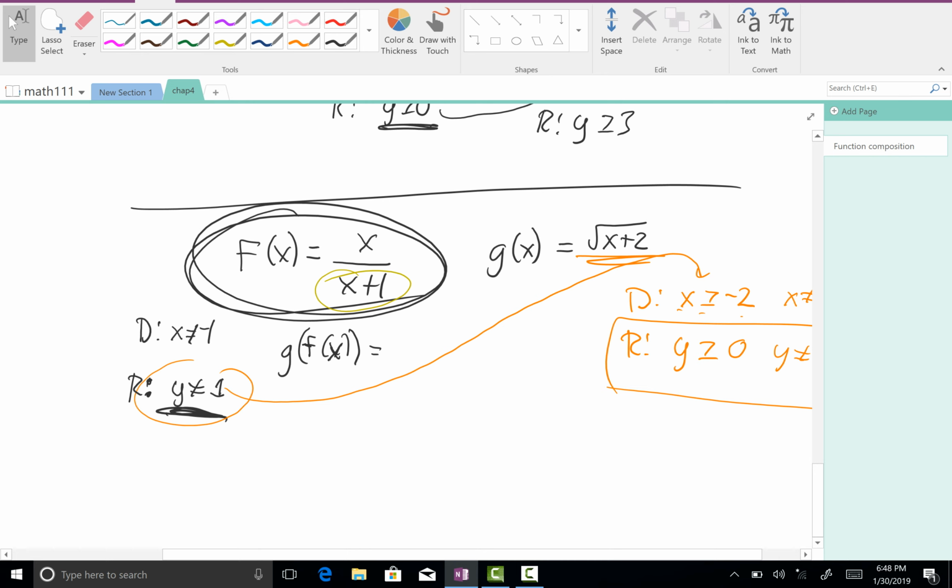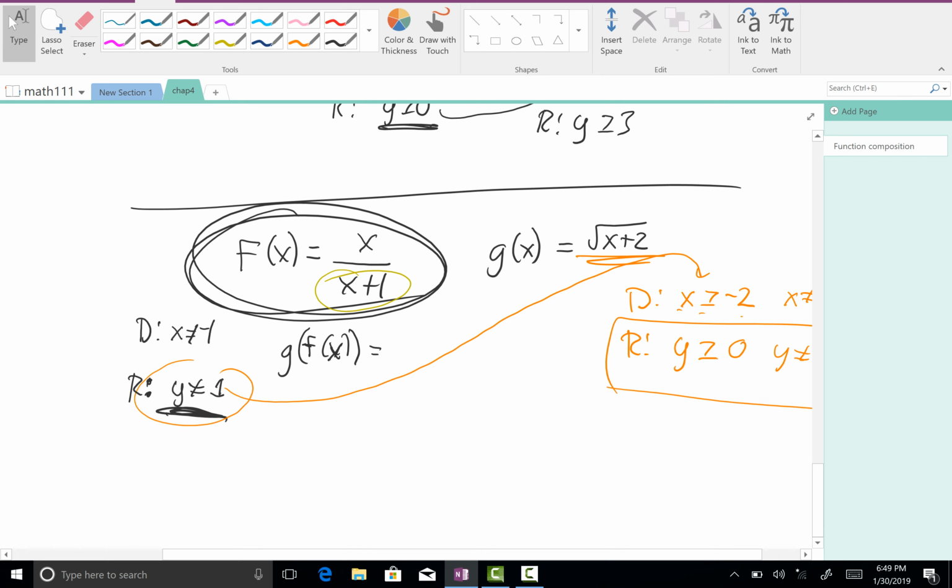Get rid of this one, I don't need it. So here is the g of f, or f of g, sorry. For this one, the domain would be greater than or equal to -2, and the range has to be greater than or equal to 0. That's what we got. And then if I went with this one, I get a whole different thing going on there.